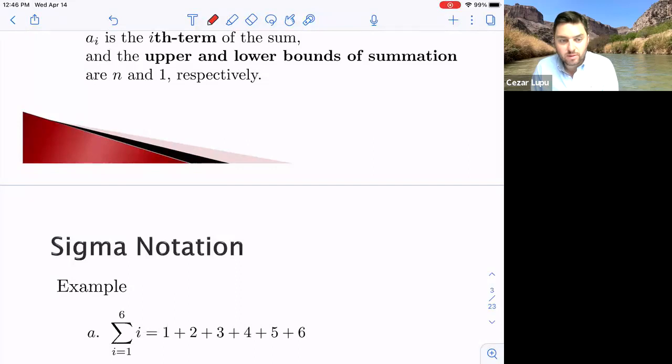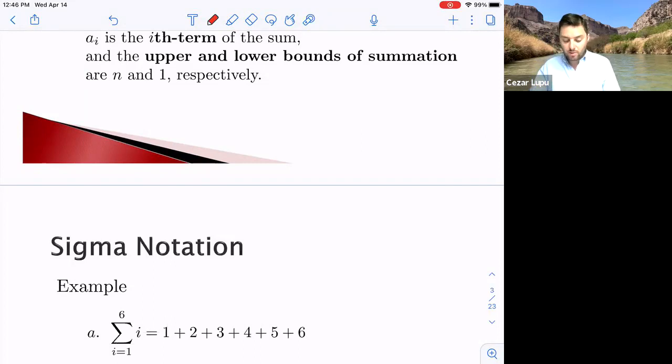Basically you just write them: 1 plus 2 plus 3 plus 4 plus 5 plus 6. So sum of all i's with i being indexed from 1 to 6. That's what you're going to do.